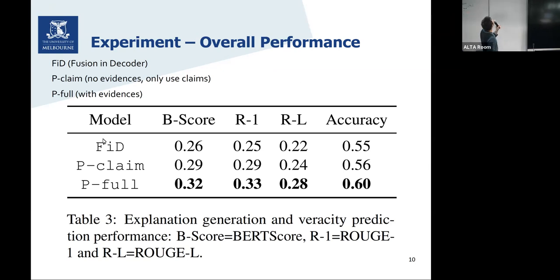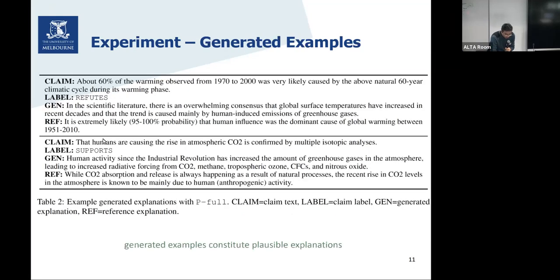And P-4 means that we have both evidence and claims. We can see that it seems promising. For generated examples, the result is that they constitute plausible explanations.